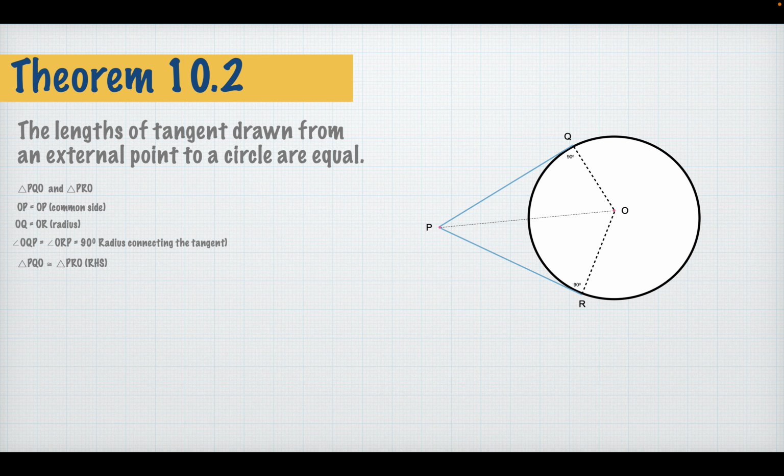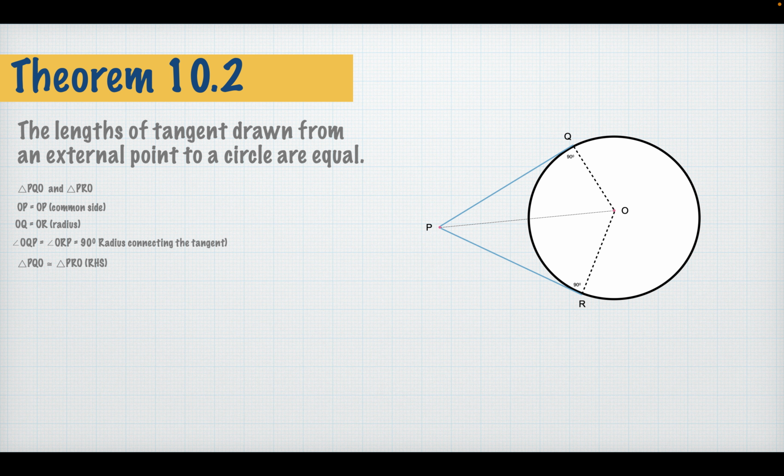Why are they congruent? We can use what's called the right angle hypotenuse side theorem, that when two triangles have a right angle and they have a hypotenuse that is equal and a side that is equal, then they are going to be congruent. And you can think about it another way too.